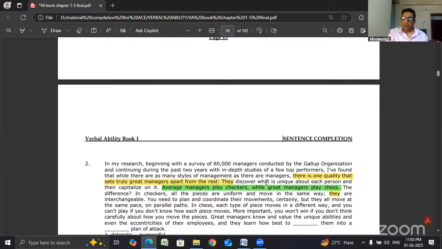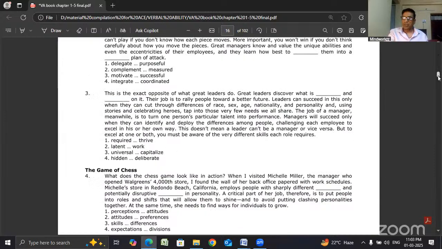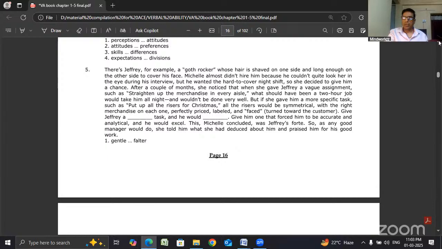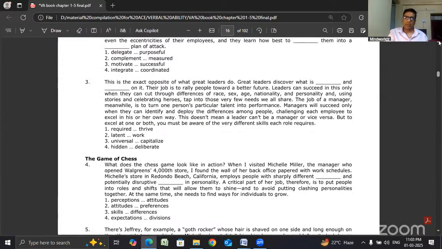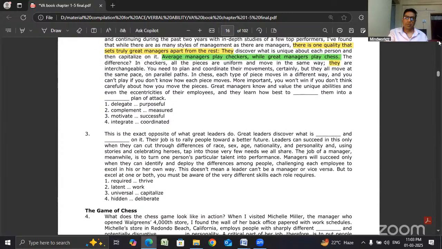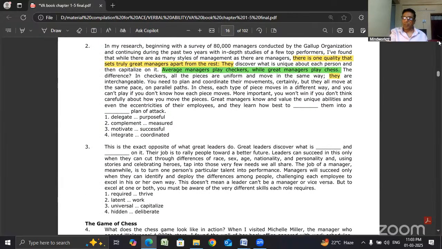They discover what is unique about each person and then capitalize on it. And that is exactly what happens in chess.